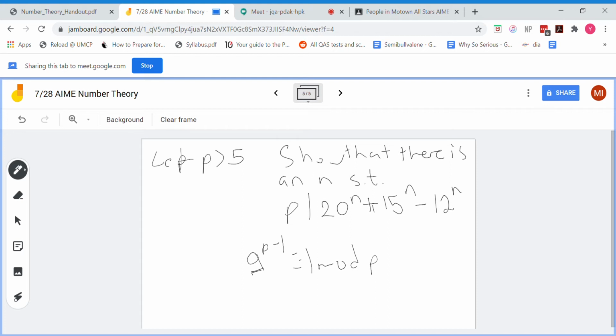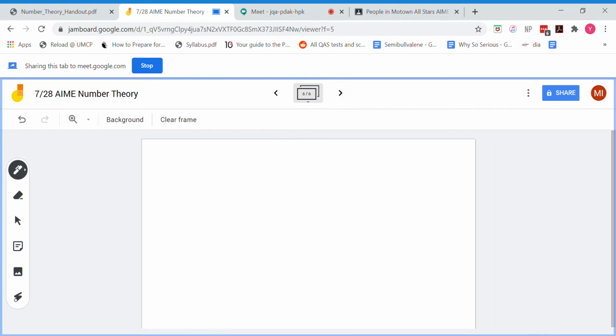But for now, let's take this to be true and use it here. For n, we can choose n equals p minus 3. So if n equals p minus 3, then we have 20 to the power of p minus 3 plus 15 to the power of p minus 3 minus 12 to the power of p minus 3.